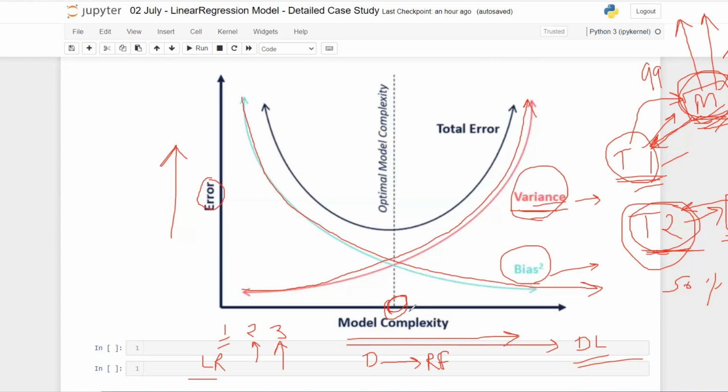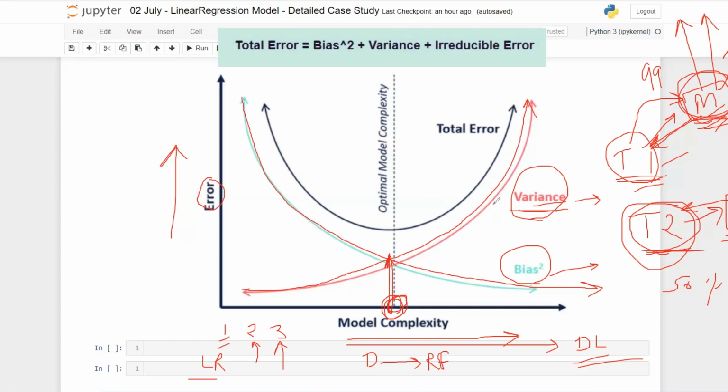What has been identified in machine learning is that as we move towards more and more complex models, we come to an intersection point between the variance and bias curves, which is the sweet spot where we say that's the optimal model. Because this black line you see here is an aggregated output of these two errors.